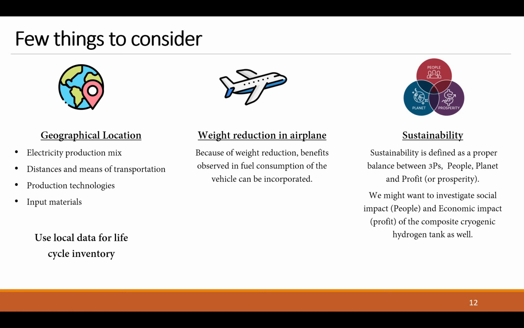So these kinds of aspects are usually not captured in life cycle analysis. If we want to capture those aspects, we have to look at sustainability. So sometimes for our project, we might want to add these two more aspects to our LCA to gather better results, or to present better results to our company.